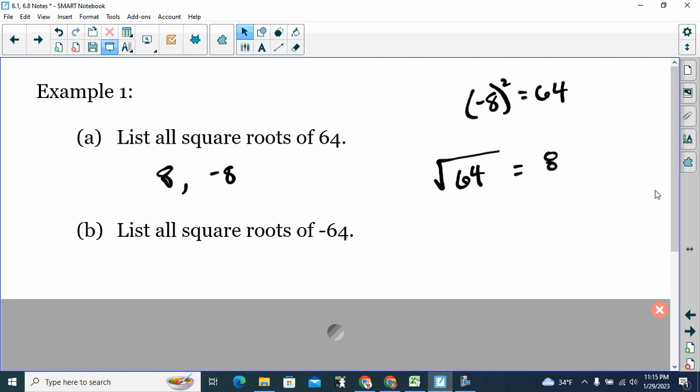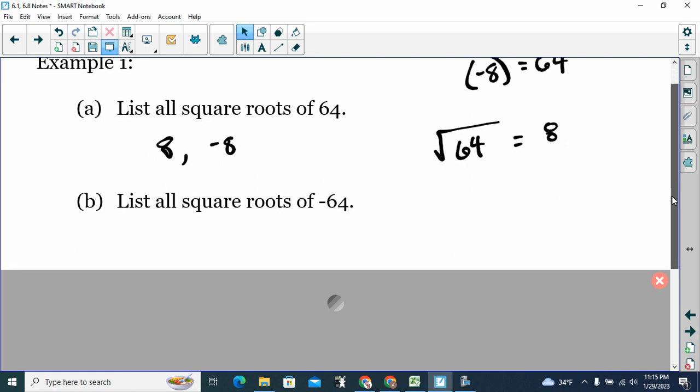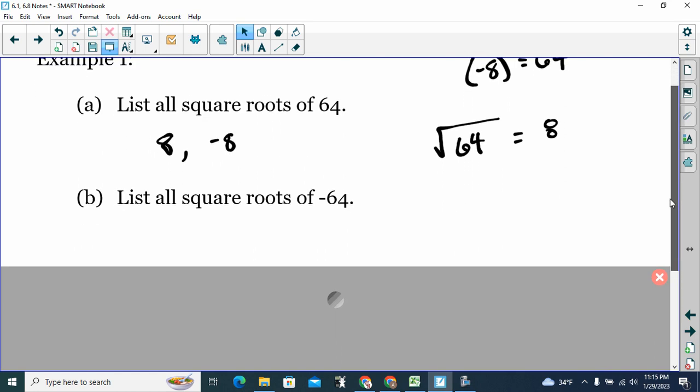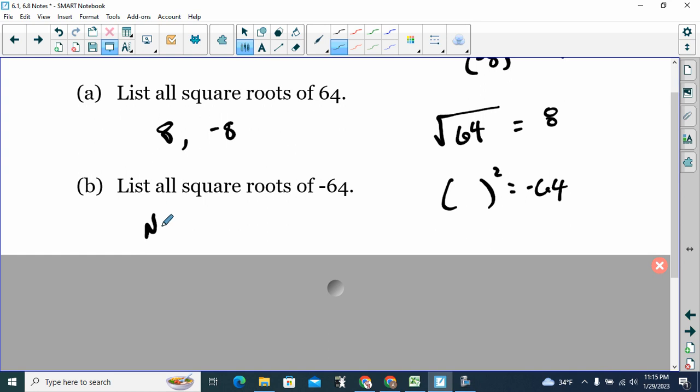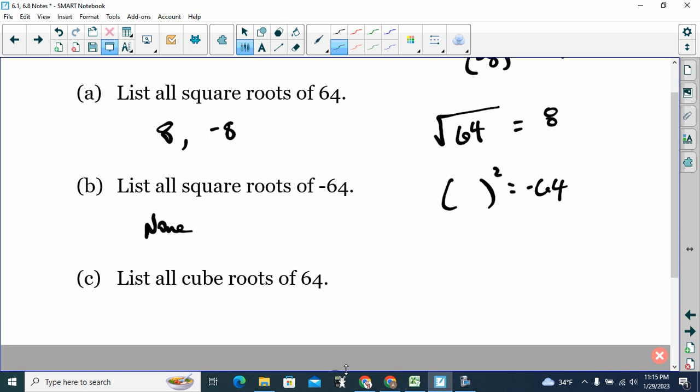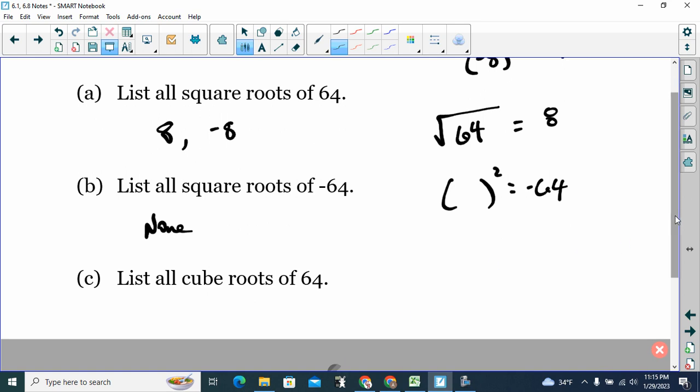How about square roots of negative 64? We're only talking about real numbers here. What real number squared is negative 64? There are not any. If I square a number, I always get positive. Cube roots of 64.